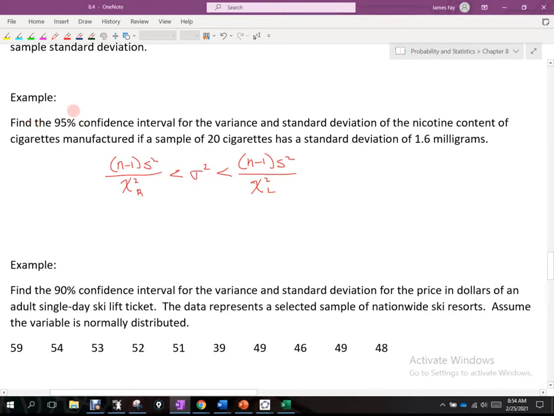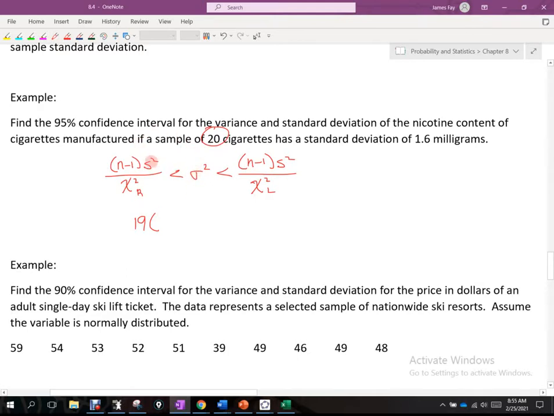The information provided here, so n is 20, correct? Okay, so n minus 1 would be 19. S is your standard deviation. Now, S is the standard deviation for the sample. Does that make sense? Sigma is the standard deviation for the population. Well, we're trying to estimate the standard deviation or the variance of the population.